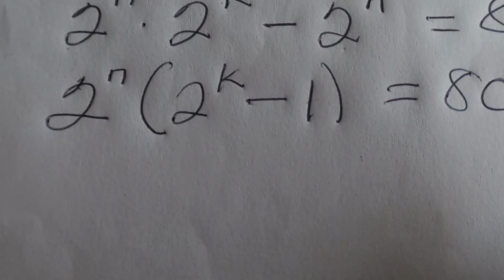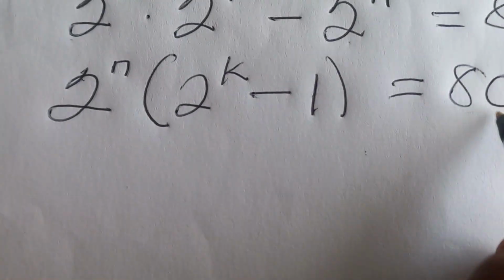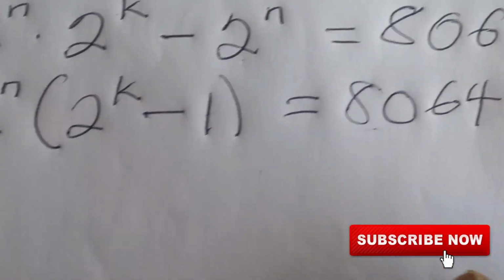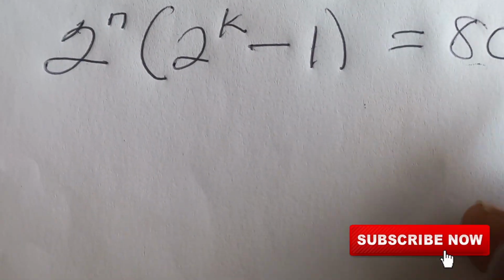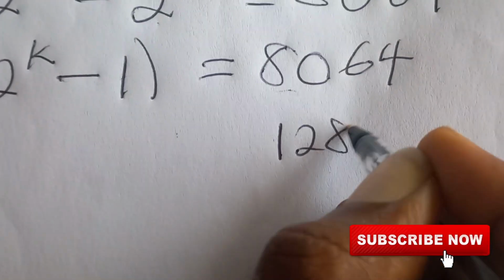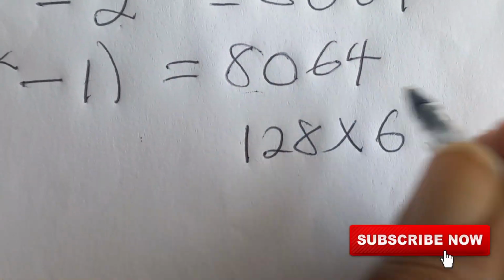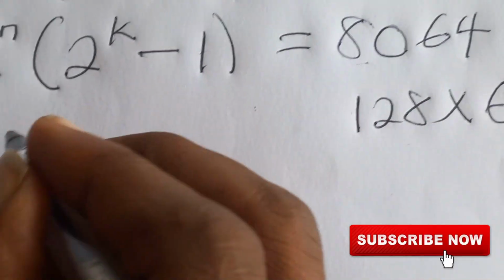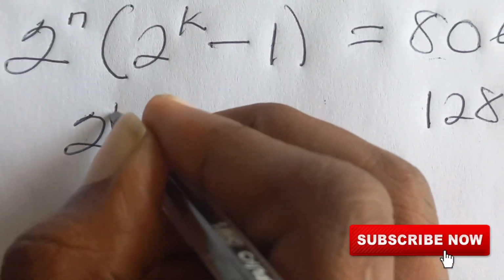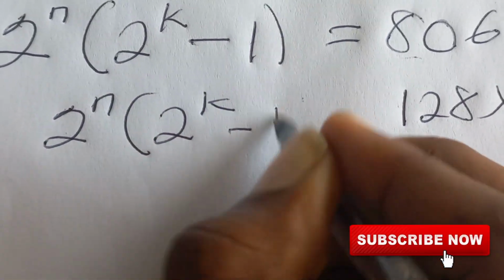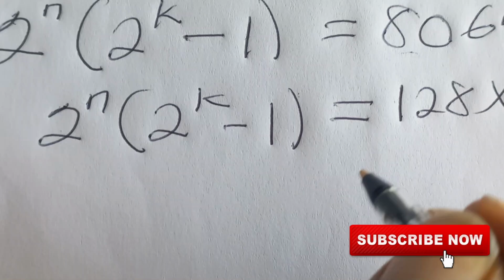Okay, now let's look for some factors of 8064. So from here, you can see that 128 times 63 will give us this 8064, which is equal to 2 exponent n into bracket 2 exponent k minus 1, and is equal to this.